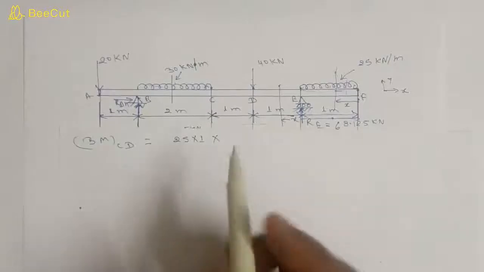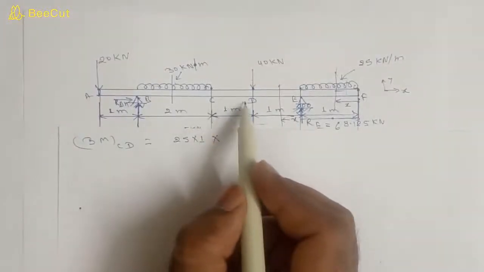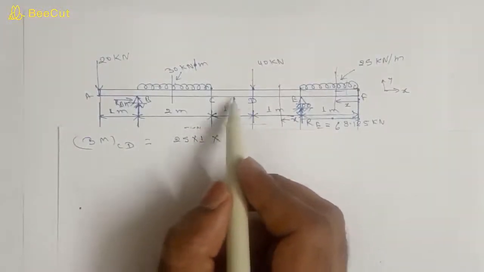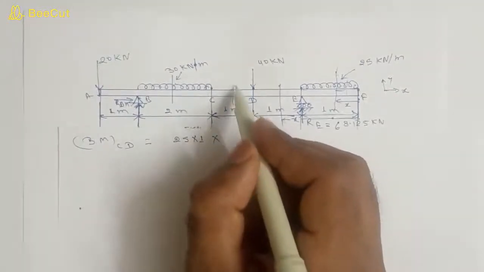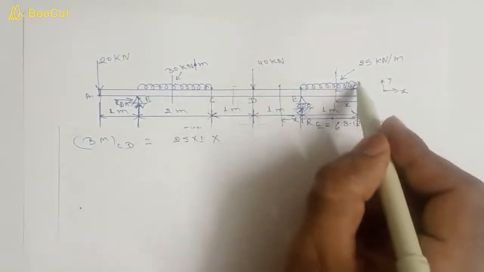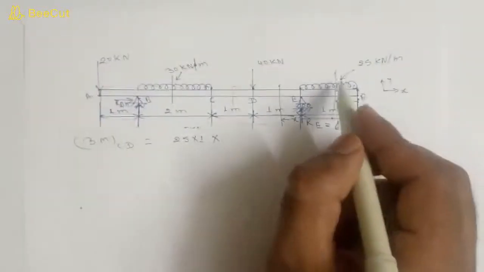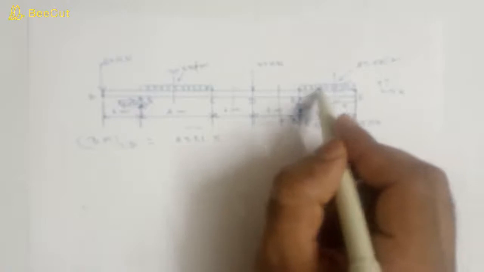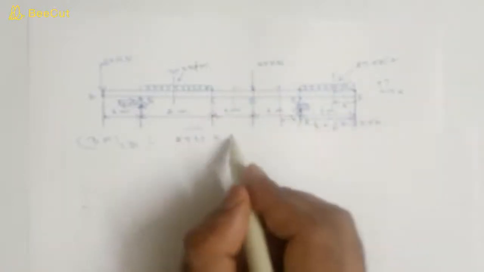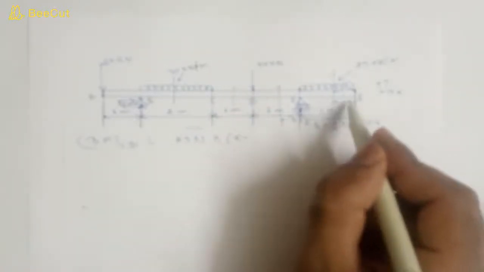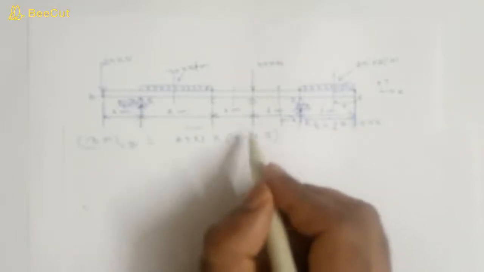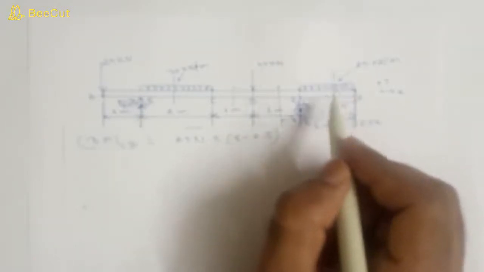The bending moment in this portion CD we will calculate now. The bending moment of this portion will be 25 into 1 as the total load, and the distance from the centroid to here will be x minus 0.5. This will be the bending moment due to this load.